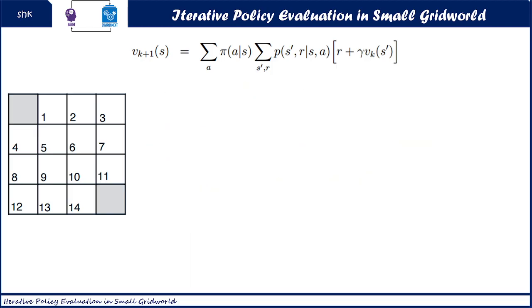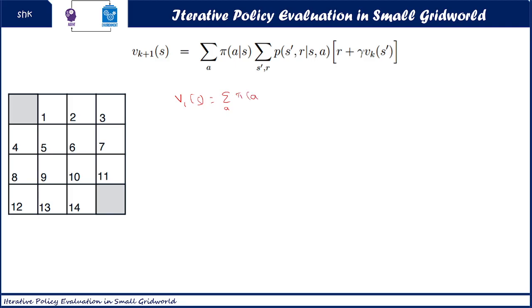Now we will start evaluating the value function for V1. So we will write the k plus 1 iteration for V1. V1 of S is equal to the sum over all the actions. Now how many actions are we going to have? Four actions.